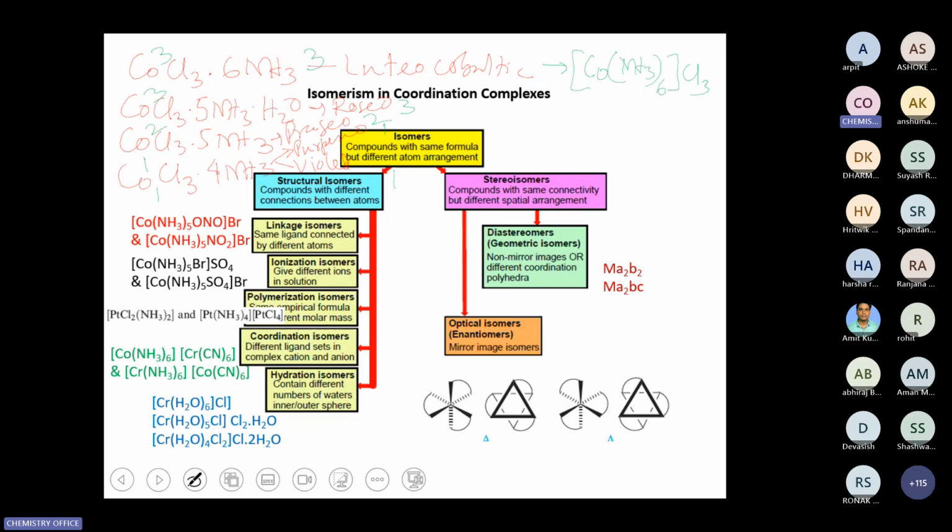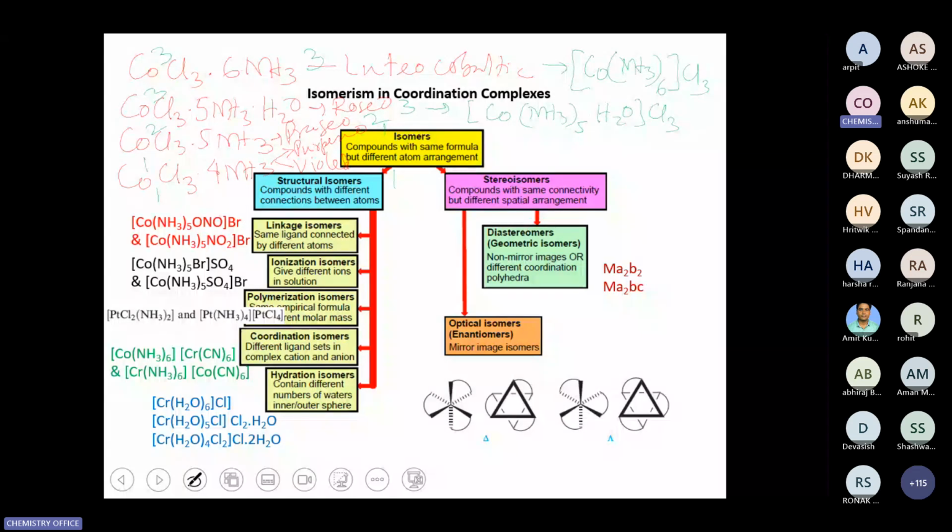For the second one, he gave the formula as Co(NH3)5 with one more water molecule inside, and outside 3 chloride ions. So from the second one, he also got the same 3 moles of silver chloride.